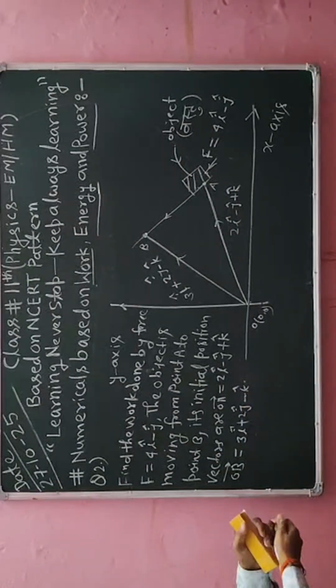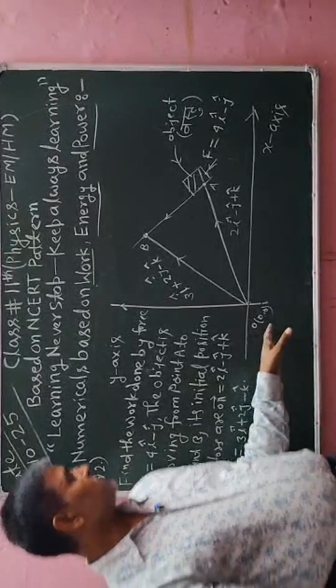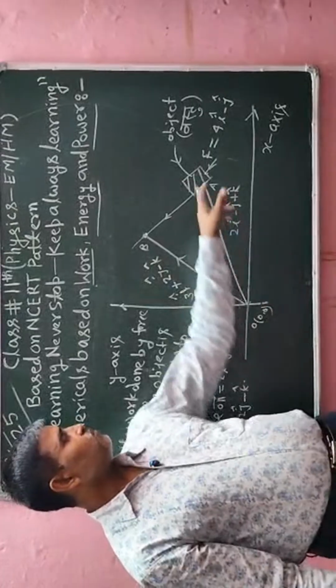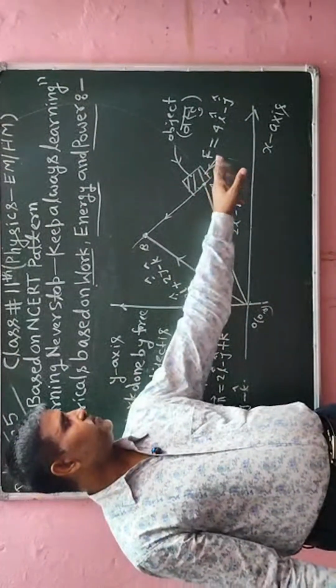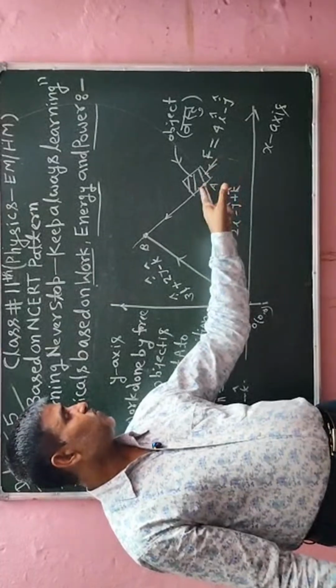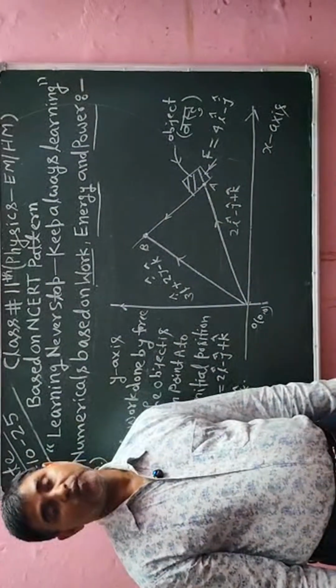So all this information is given here. Now position vectors OA and OB are available. There is an object, and on that object one force is applied, and with that force the object is moving from point A to B. So we have to calculate the work done.